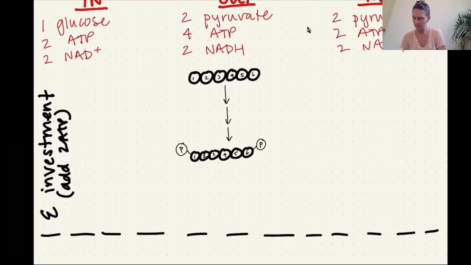As we do that, in our investment, ATP is converted to ADP, so you see that is where that phosphate comes from. Another phosphate comes from the hydrolysis of ATP down there. So we have 3 enzymes, but all you need to know is that the carbon becomes phosphorylated on both ends.